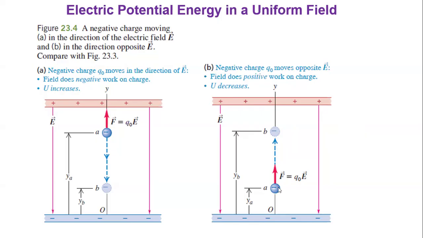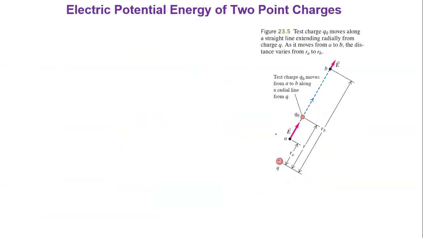If the negative charge Q sub O moves opposite to the electric field, the field does positive work on the charge, and the potential decreases. So as you move up, the potential decreases.